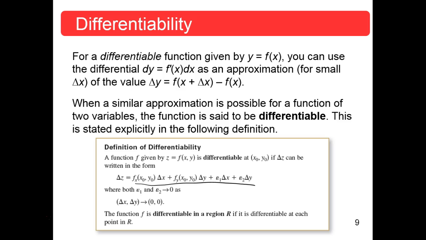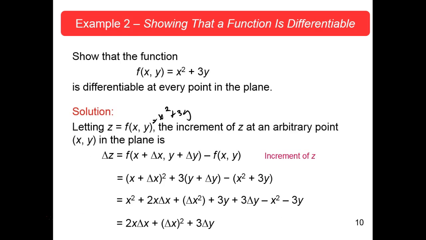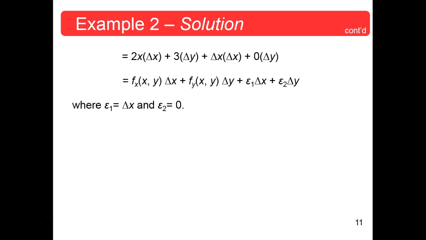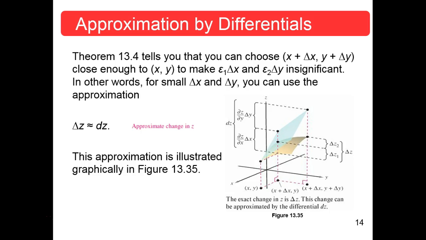Now, the DZ we don't have a good picture of, and that's part of the problem that I was having, trying to think of a good way to explain this approximation by differentials.